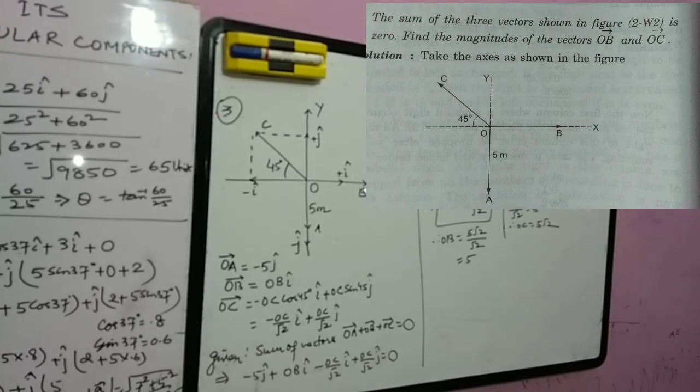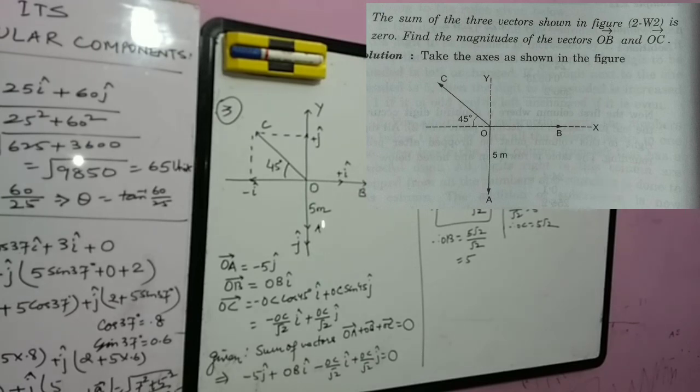What will be OB? OB is on the x axis, so it has no y component. It will have only an x component, so OB vector can be written as OB, the length, times i vector. So OB into i vector. What about OA? OA is on the y axis, so the j unit vector indicates its direction, and it is going in the negative direction.